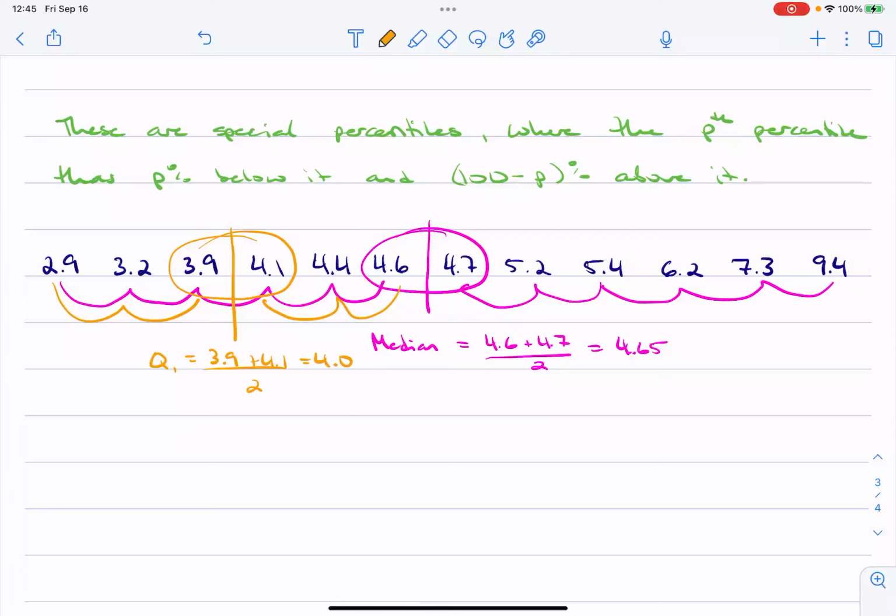Okay. So that's your first quartile. What if we do the same thing to find the third quartile? Well, not that crazy. And maybe I'll draw this one up here. Q3 is 5.4 plus 6.2 divided by 2. And I get, well, I don't get it. Someone in my previous class got 5.8.